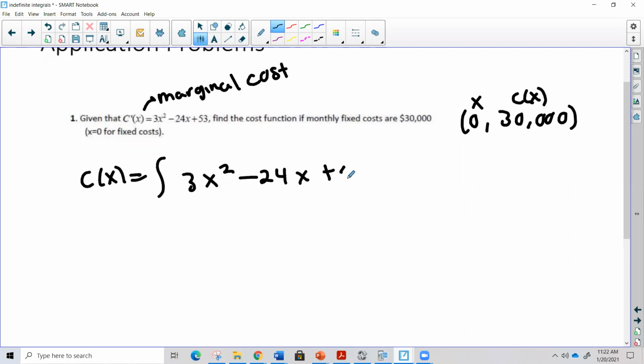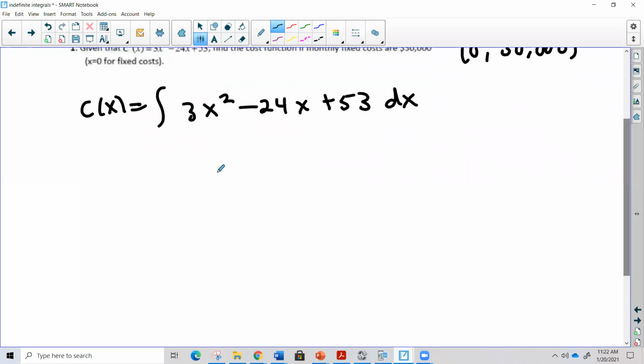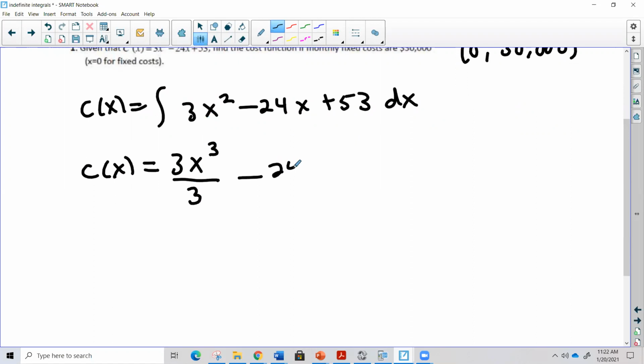And anytime I write it, I need to put the integral symbol and then the dx. So you should show this to show that you're taking the integral to find the original function. So then I'm going to take the integral of each individual term. So I add 1 to the exponent, so it becomes 3, and I divide by that new exponent. 24, and it would be x.